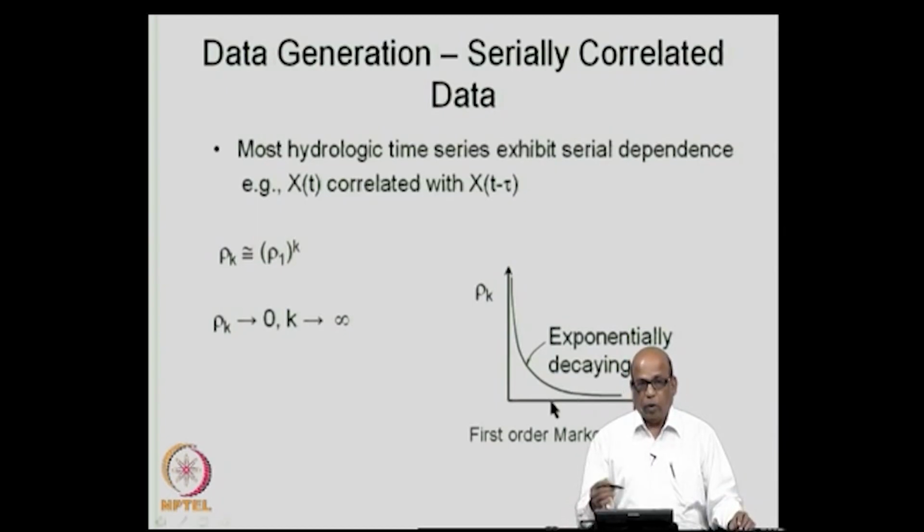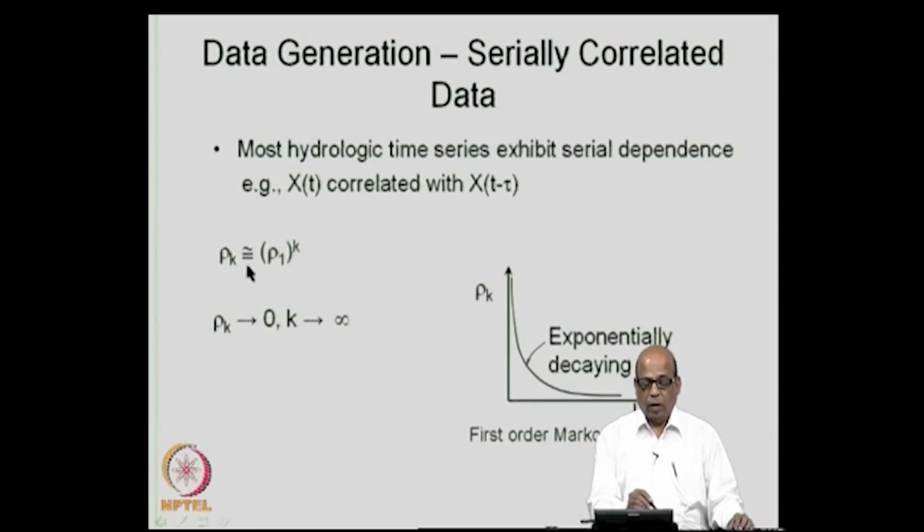What does this mean? This means that the lag 1 correlation is much more significant compared to any other lag correlations. So rho 2 will be much smaller than rho 1, rho 3 will be much smaller than rho 1, and so on.